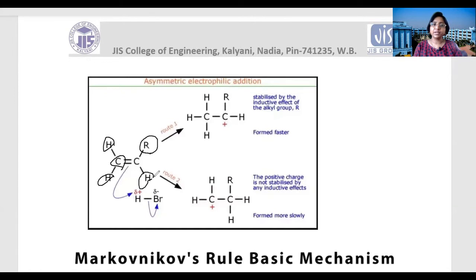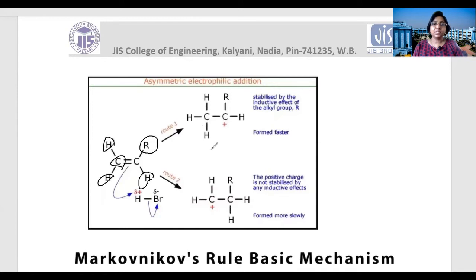So it is not symmetric. Now, if it reacts with H+ and Br-, where will the H+ be attached and where will the Br- be attached? That is the question.